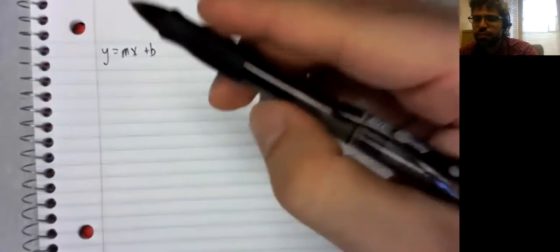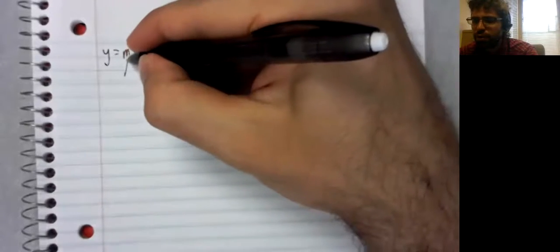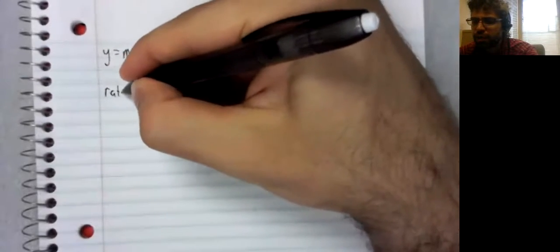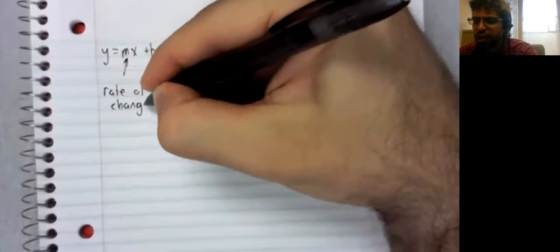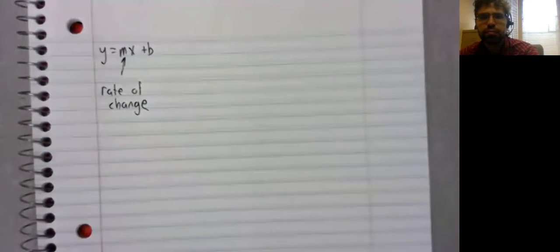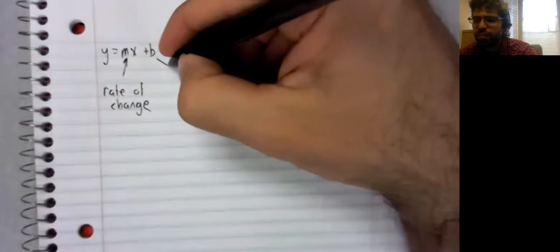Okay, so we've said that a linear equation is an equation of the form y equals mx plus b. And we've already taken a look at this m. It's the rate of change. What about this b?